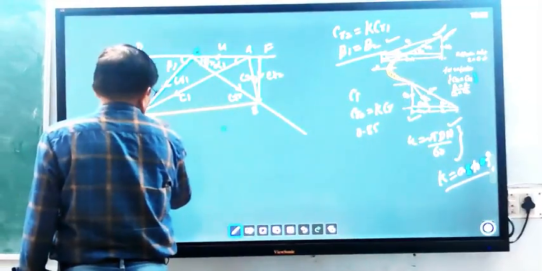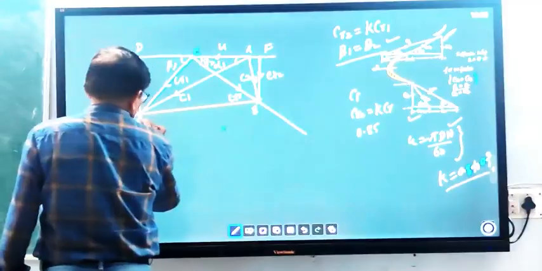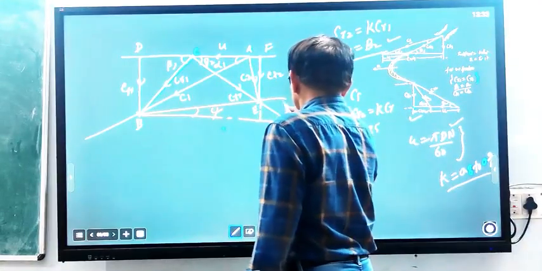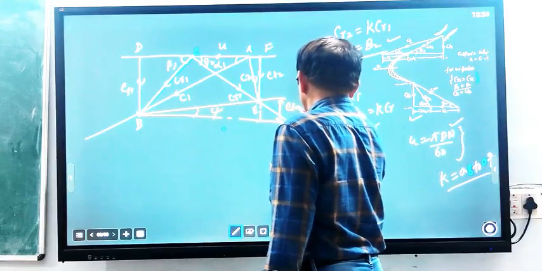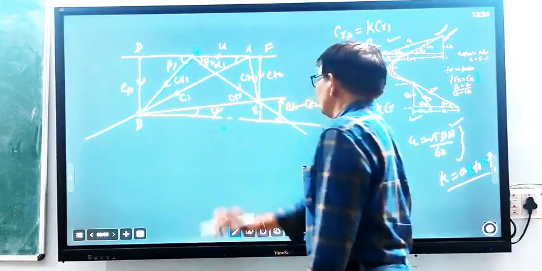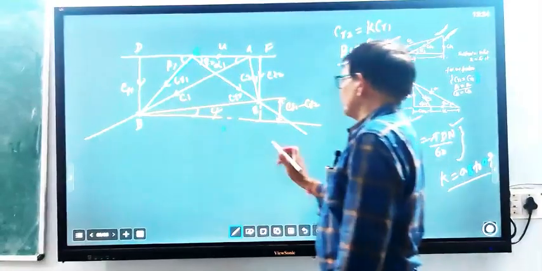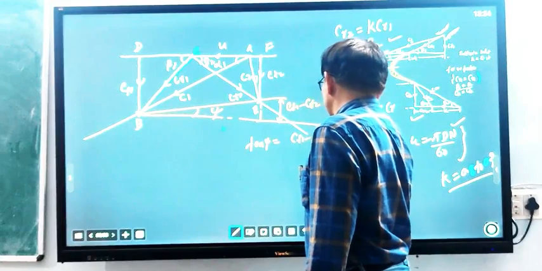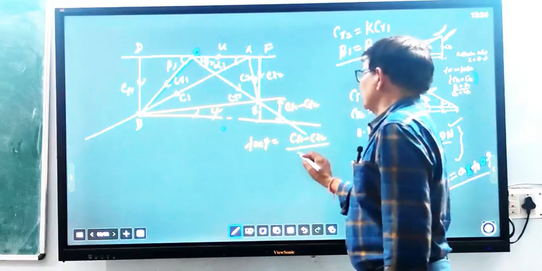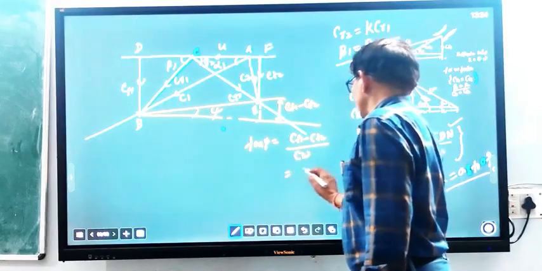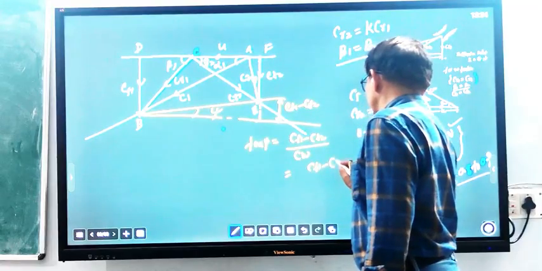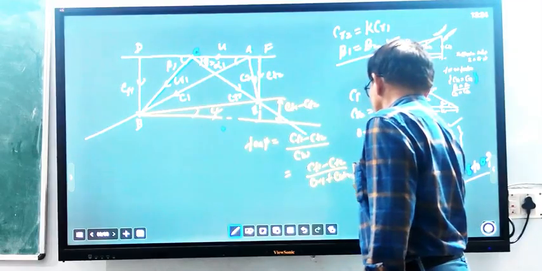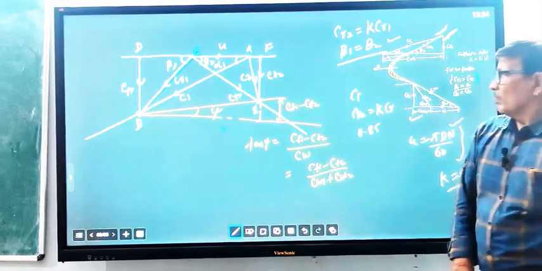Again, if you draw a horizontal line here, you will see some angle psi, and this value you will find here equal to CF1 minus CF2. If you see, tan psi equals CF1 minus CF2 upon CW, that is equal to CF1 minus CF2 upon CW1 plus CW2.